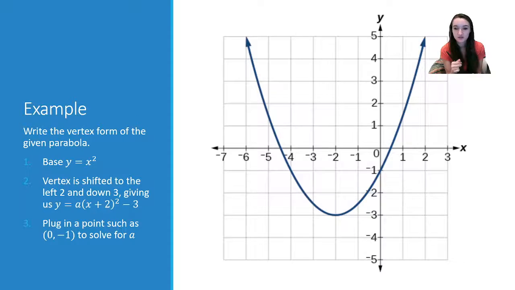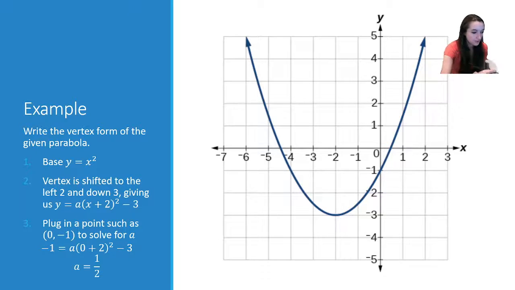So if I plug in 0, -1, this point right here, then I'm going to get the following. I plug in -1 for y and 0 for x. 0 plus 2 is 2, so this is going to be -1 equals 2 squared times a minus 3.